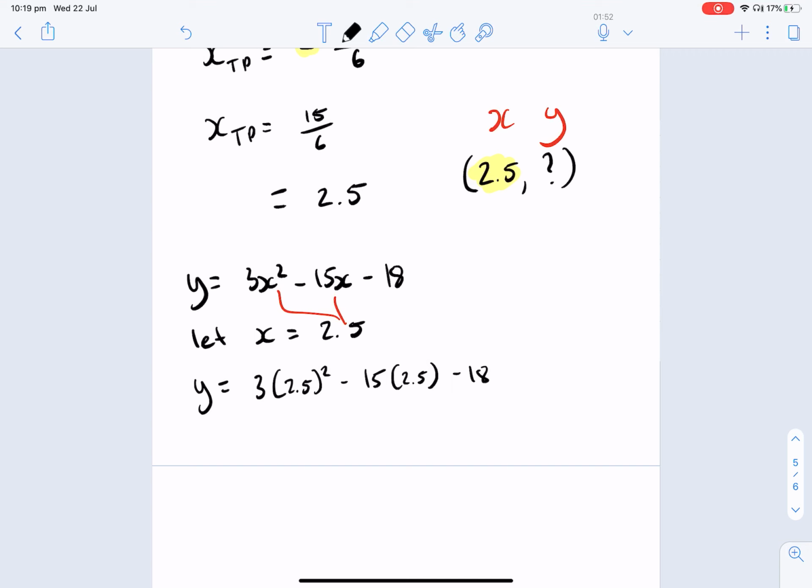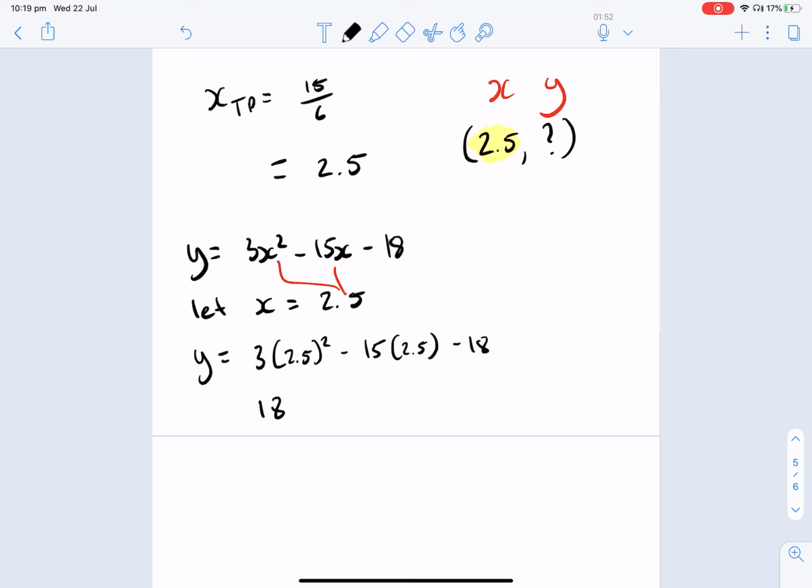So 2.5 times 2.5 times 3 gives us 18.75. So that was 2.5 squared times 3, minus 15 times 2.5, which is 37.5, and that is minus 18.75, minus 37.5, minus 18.